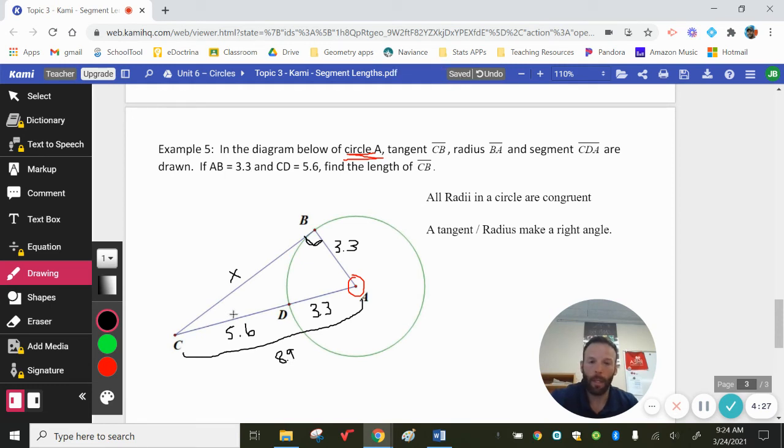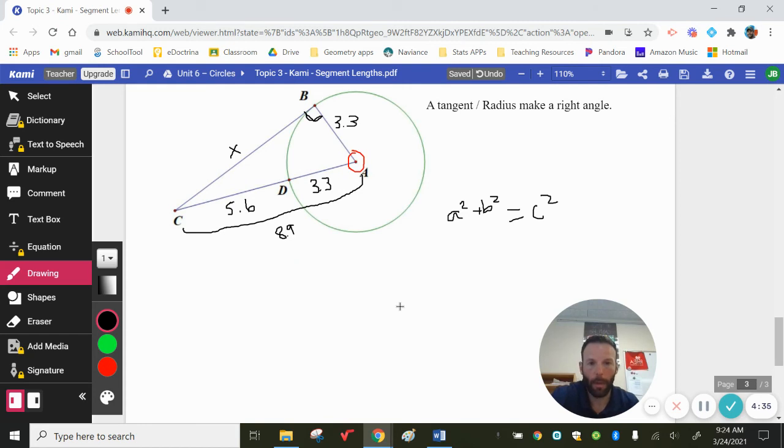The equation that would best suit this problem is the Pythagorean theorem, a squared plus b squared equals c squared. I don't have any measures of angles outside of the 90 degrees, but I do have the lengths of 2 sides and want the third. I have the length of the hypotenuse of this right triangle and one of the legs. I just need the other leg.